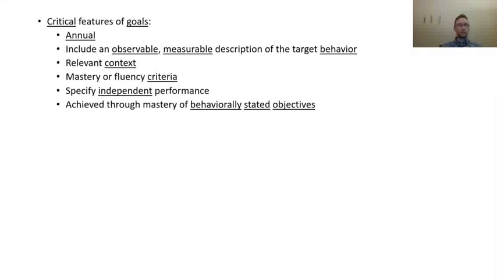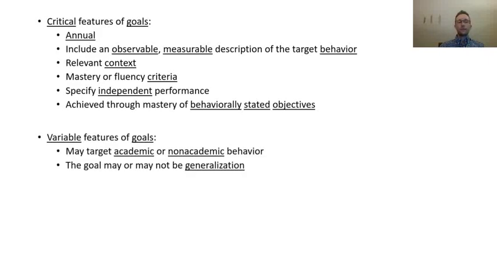All right. Critical features of goals. Goals always are annual. They include an observable, measurable description of the target behavior. They include the relevant context, mastery or fluency criteria. They specify independent performance, and they're achieved through mastery of behaviorally stated objectives.